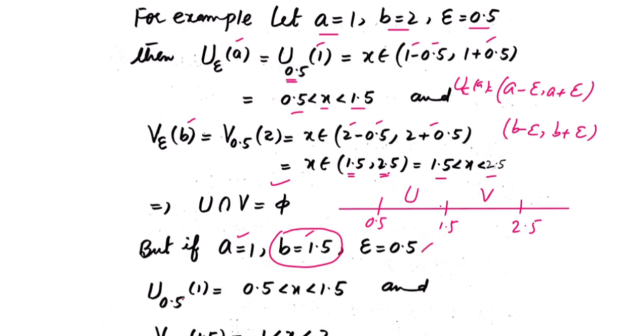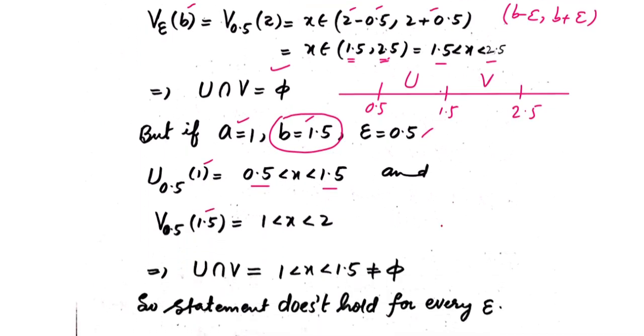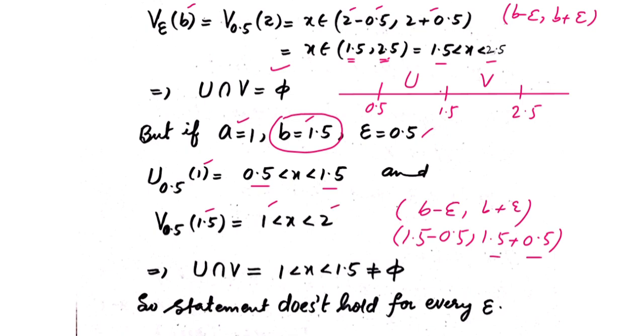In this case, the epsilon neighborhood of 1 is the same, 0.5 less than x less than 1.5, but for the epsilon neighborhood of b, 1.5, substituting the value of b in this interval, my b is 1.5 and my epsilon is 0.5: 1.5 minus 0.5, this is 1, and 1.5 plus 0.5, this is 2. So the epsilon neighborhood of 1.5 is the open interval 1 to 2.